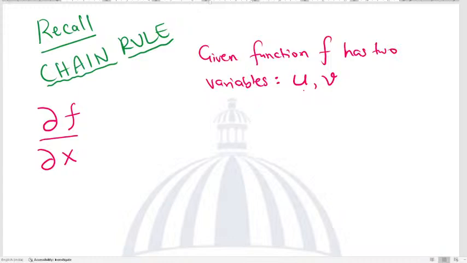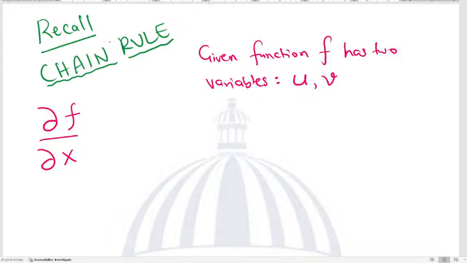These u and v themselves are kind of functions of x and y. So what is happening is that we are trying to differentiate the function f with respect to x, but the function f does not have x in itself, right?